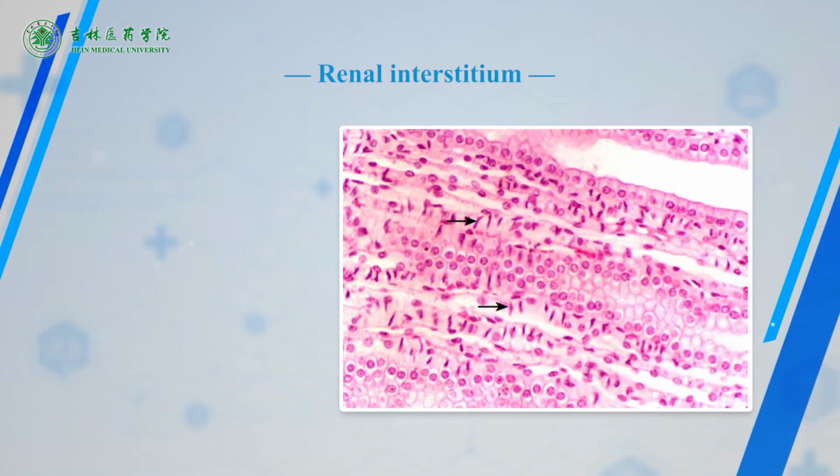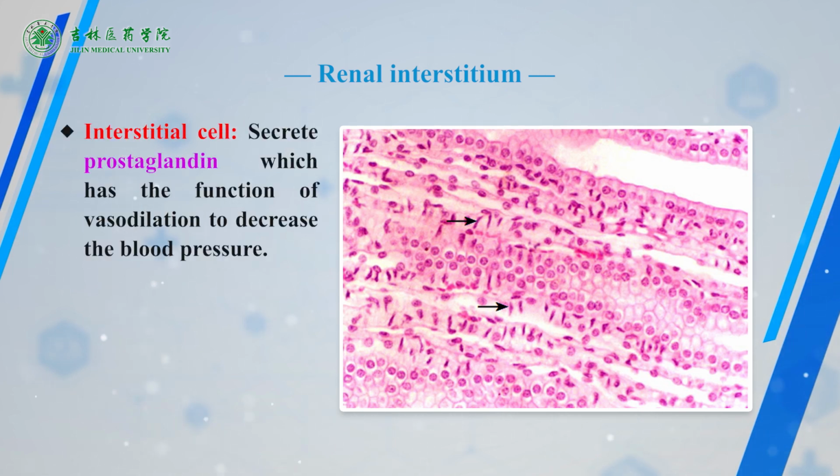Renal interstitium. Two types of cells we should pay attention to. Interstitial cells are columnar cells, vertical to the renal tubules. The arrow shows they secrete prostaglandin, which has the function of vasodilation to decrease the blood pressure.